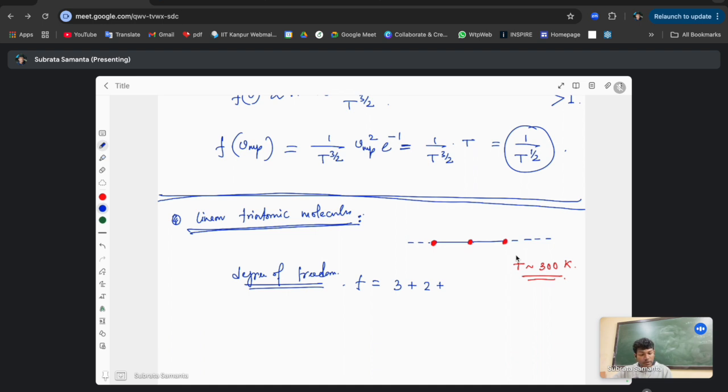Vibrational modes, because I consider temperature at 300 Kelvin, so that means they can vibrate. The middle atom can vibrate. So the vibrational degree of freedom is also 2, right? Because they can either vibrate this way or in this direction, so it's two modes.